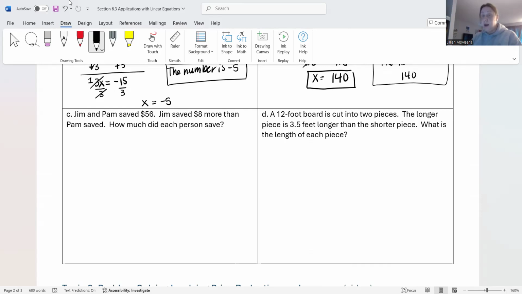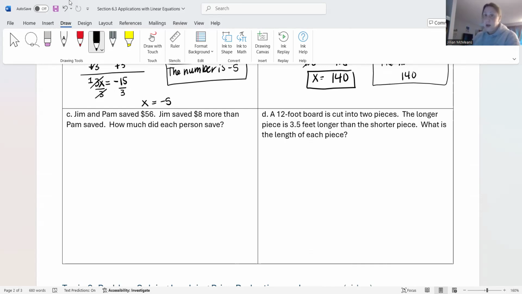We can play around and use trial and error and eventually figure out how much each person saved. I'm not interested in that. This class isn't called quantitative trial and error, okay? It's called quantitative literacy, and part of this is understanding algebra. So I do insist that you use algebra. I want to see your equation and I want to see you solve the equation and then interpret those results, okay? So hear that loud and clear.